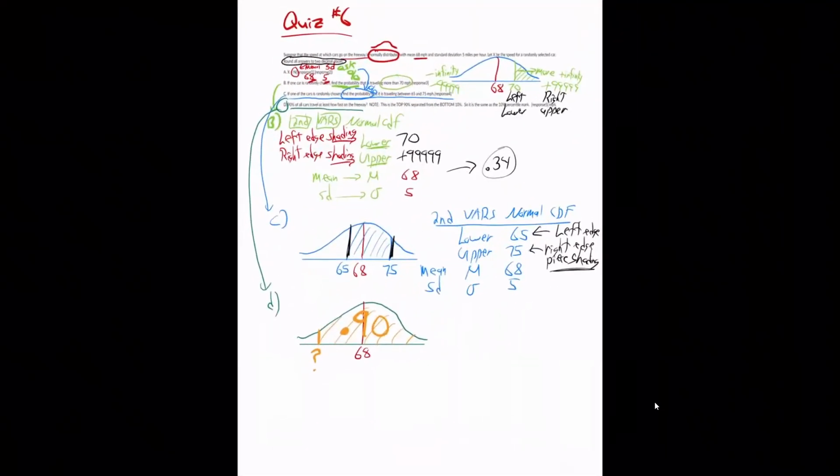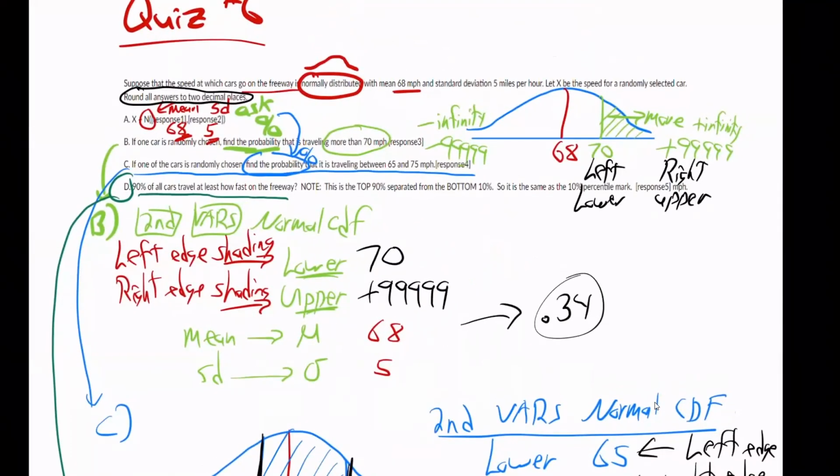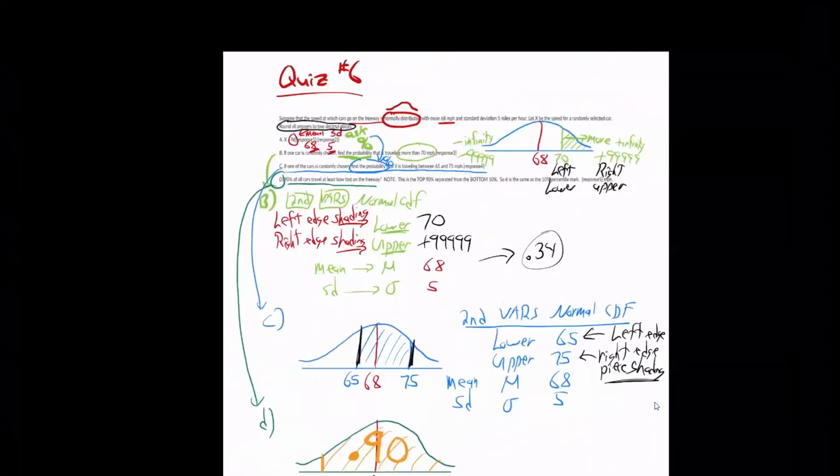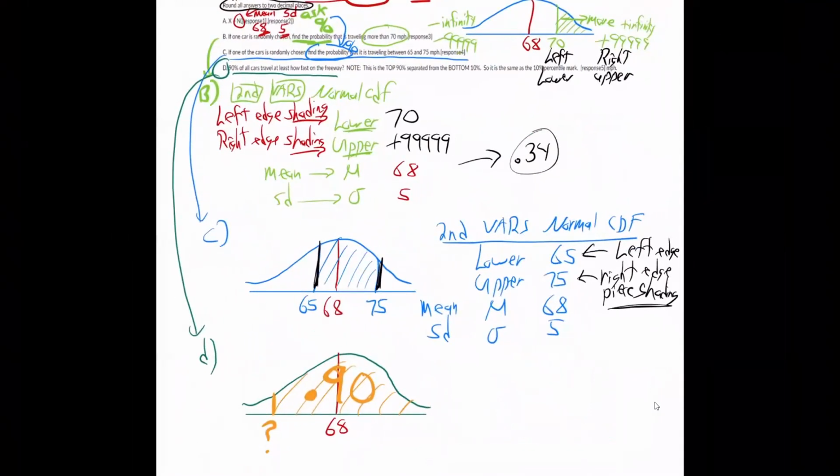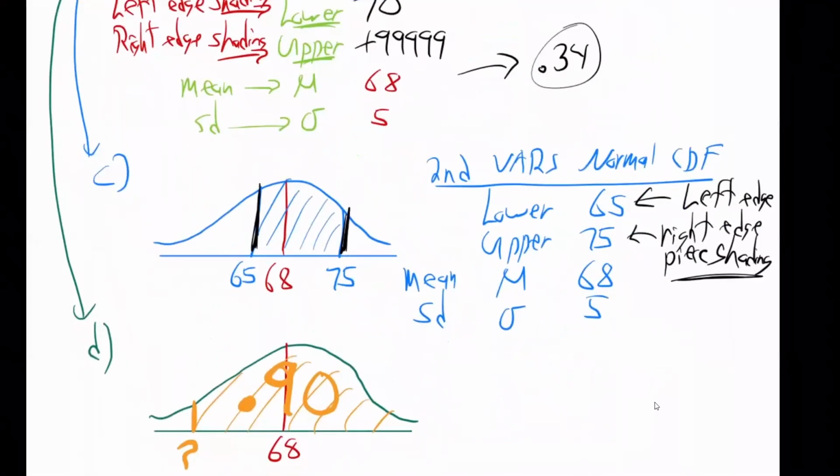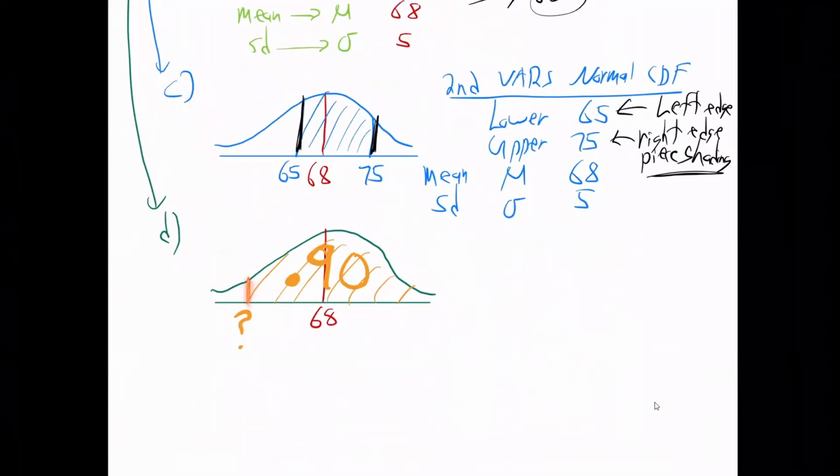They're saying, let's go back here. The average speed on the freeway is 68 miles an hour, right? And then they're saying 90% of all cars travel at least how fast? So we want to find some low speed, right? And maybe, I don't know what it is. Let me just guess, let's say 55.